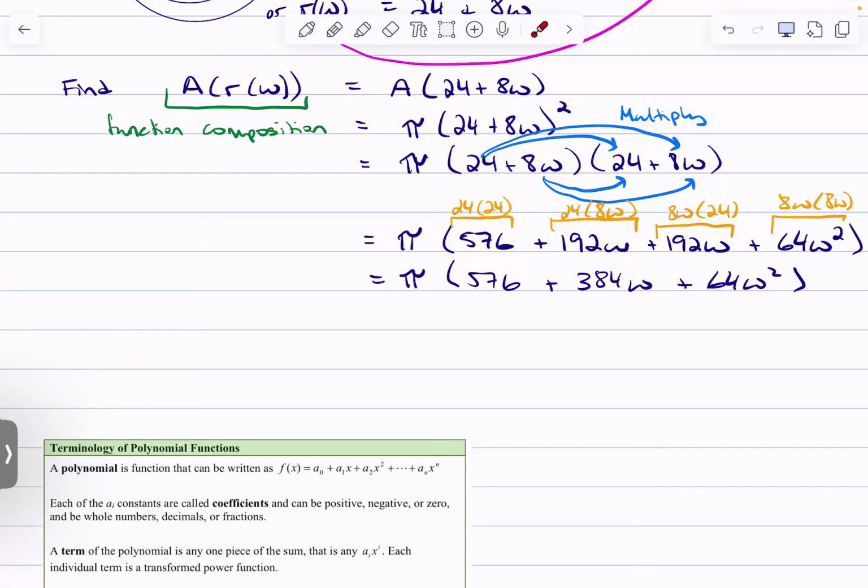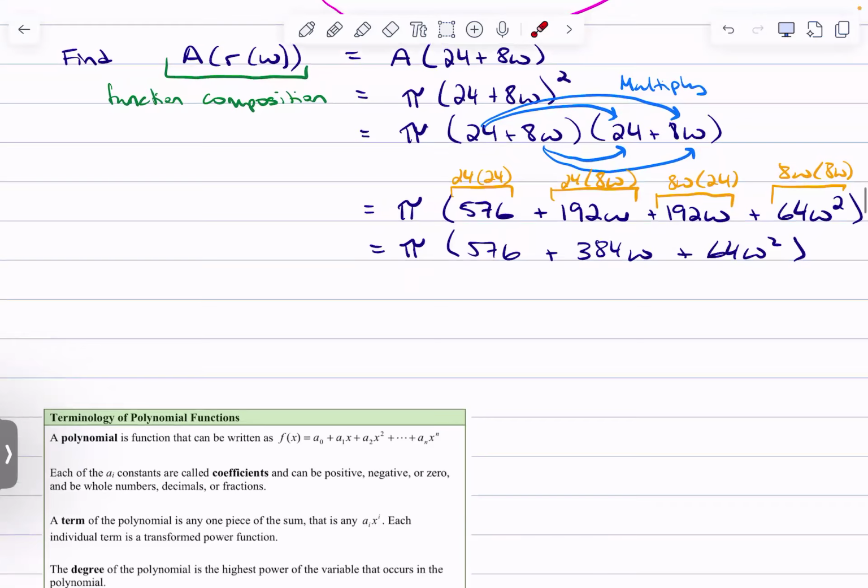I would have to multiply by pi each time. Instead, I would prefer to just plug in W equals 13 in here and then multiply once by pi. So that's what I would prefer, and so I'm going to leave it outside. I'll make a note of what I said though.